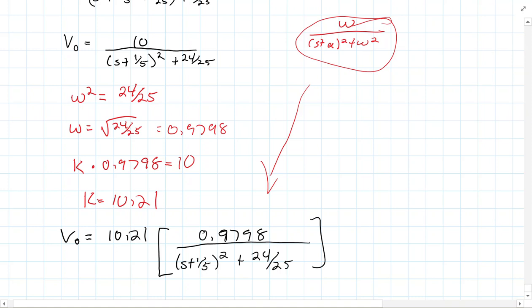We said, okay, well I have a 10 up here. Well, I need some constant k times 0.9798 to equal 10, because this is the omega that I need. So I figured what this constant k needs to be out in front.